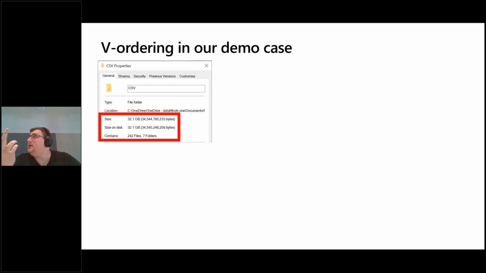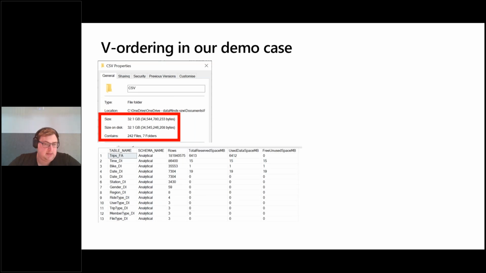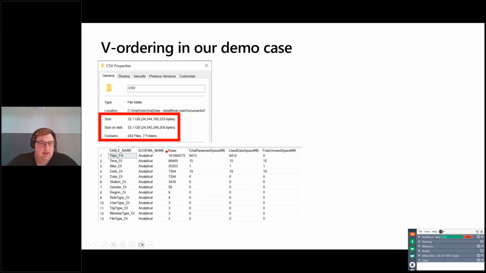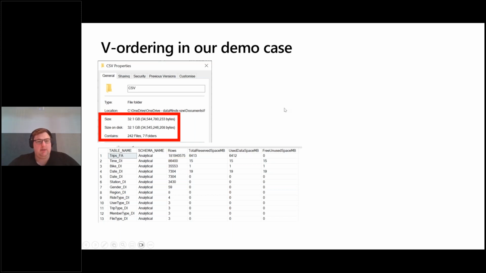The data size you see here is just the flat files persisted on disk, nothing too fancy. It is a clean star schema, and I need to update that slide, 190 million records in there. So big data, no. Small data, no, but representative enough to show you what I actually mean.